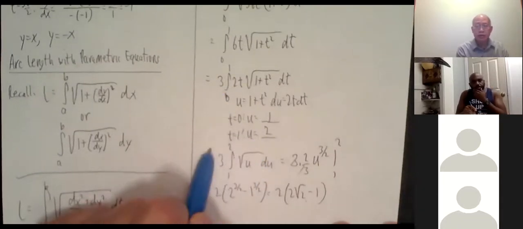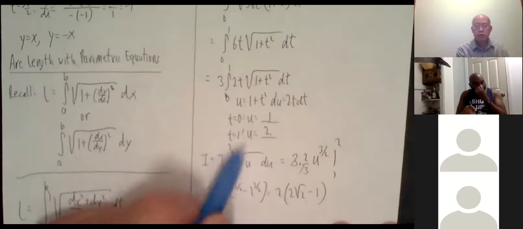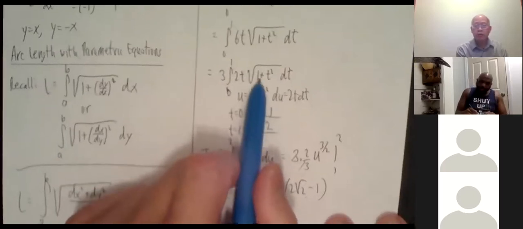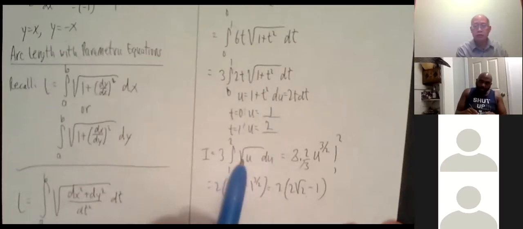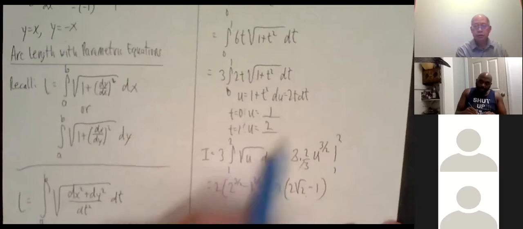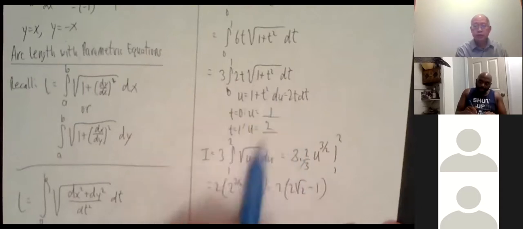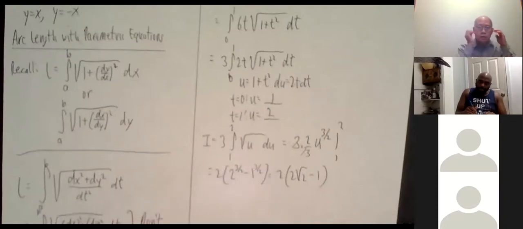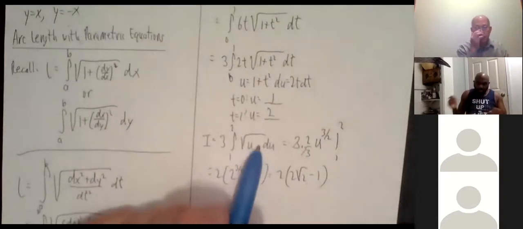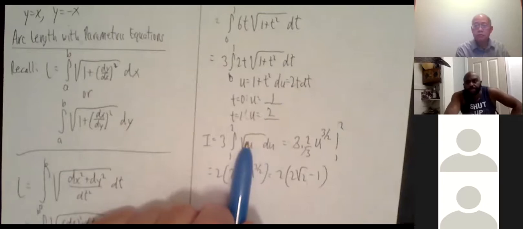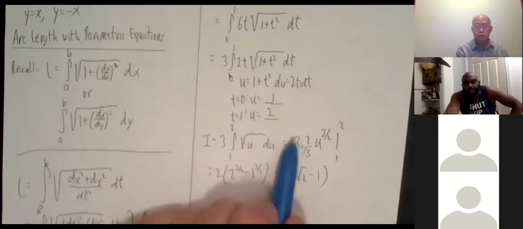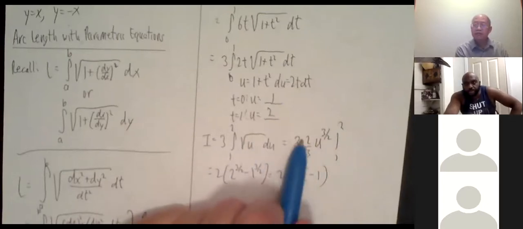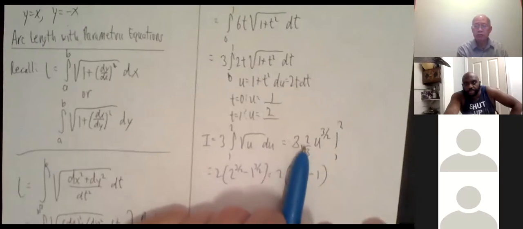So I have 3 outside. Integral from 1 to 2 of radical 1 plus t squared is now radical u du. 2t dt is du. Okay. All right, so again, that's u to the 1/2. So 3, u to the 3/2 divided by 3/2 means times 2/3.